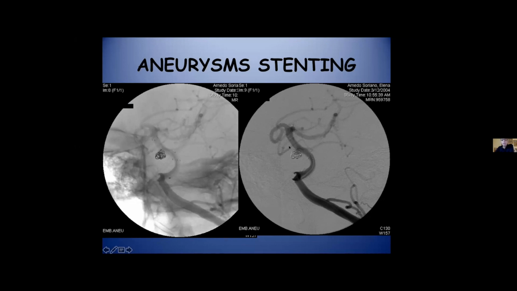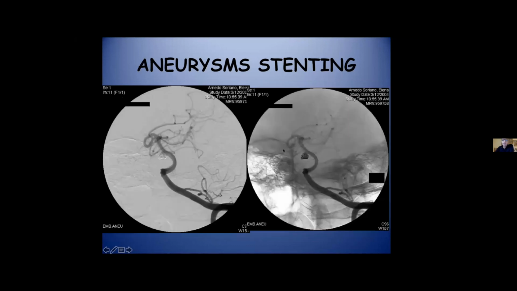This is the control, and this is the 1 year control: total occlusion and endothelialization of the neck with the Neuroform or Atlas stent. At this period it was Neuroform.